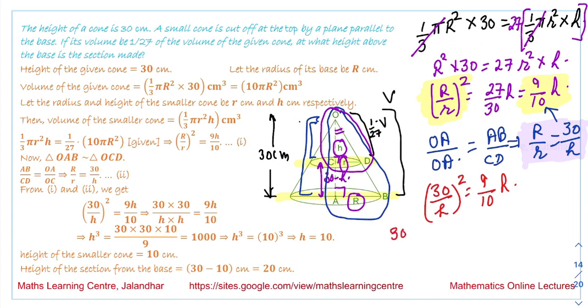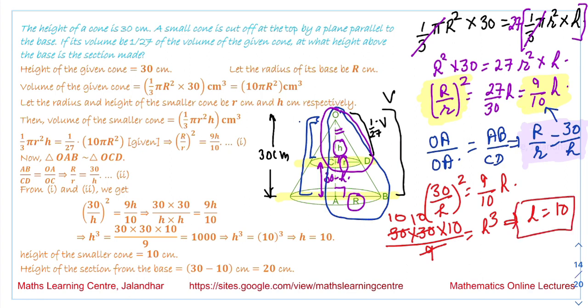So we get 30 into 30 into 10 over 9 equal to h cube. So this 10 and this 10 get cancelled. So the value of h that we obtain is equal to 10 centimeter.